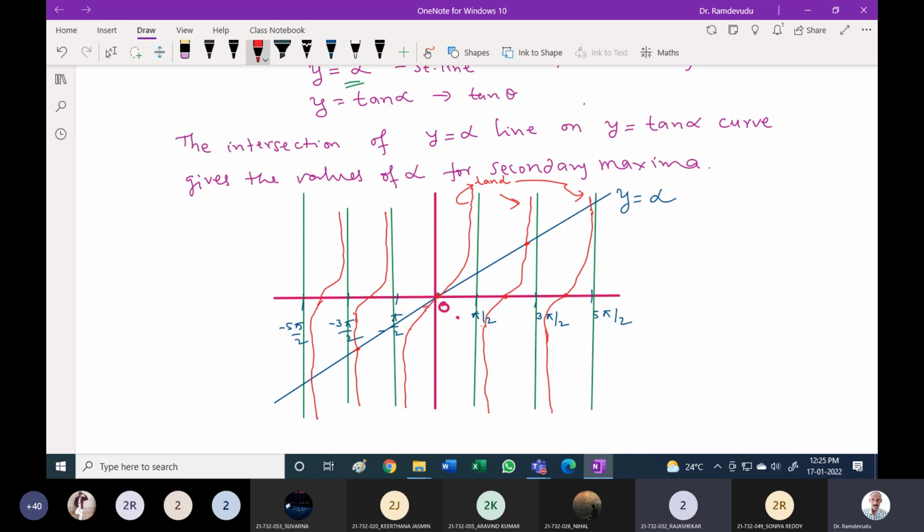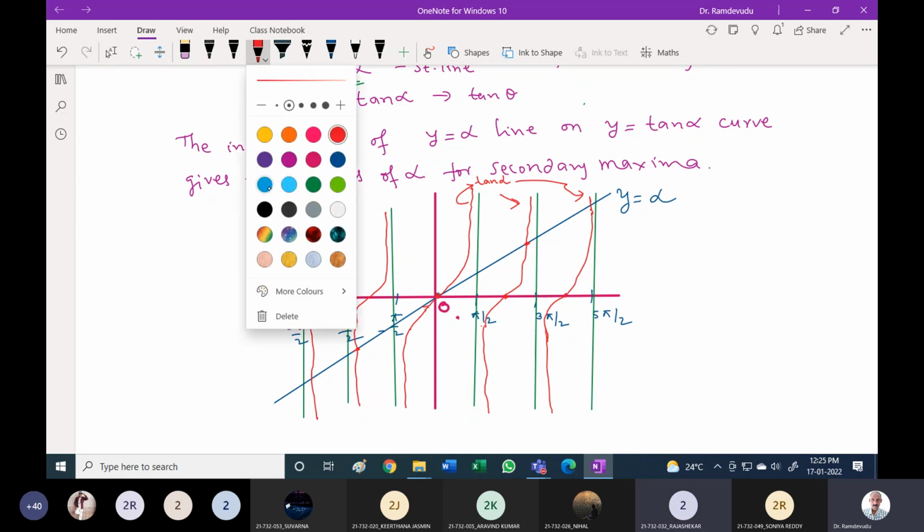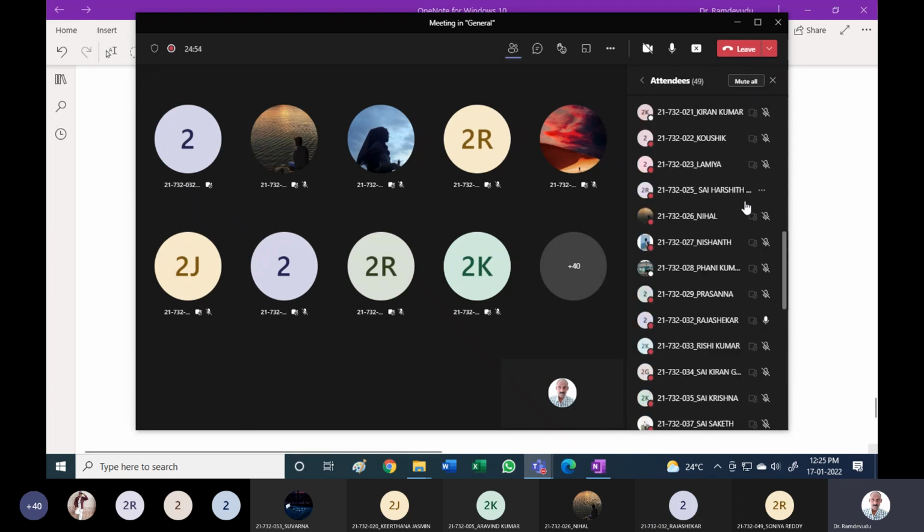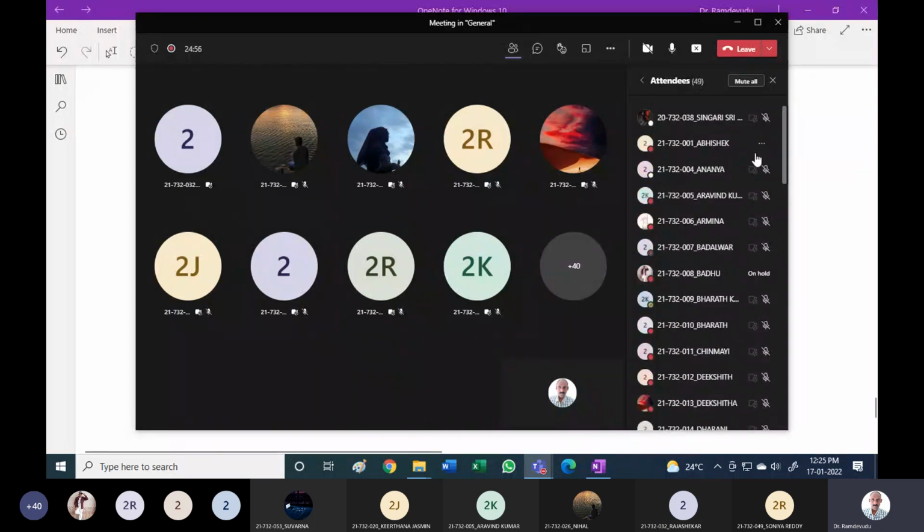So you can see that the tan alpha curves and the alpha line are meeting at points very close to π/2, nearly π/2 but not exactly equal to π/2. They are meeting at some points like this.